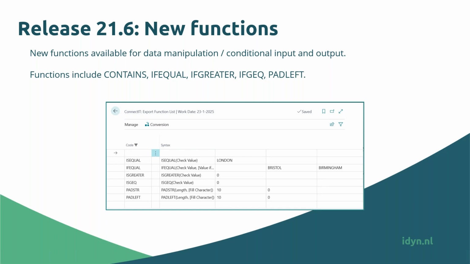So we have included some simple functions that focus on resulting basically in a true or false scenario. For instance, we have a contains function that simply checks if a current value contains a string or a certain part.